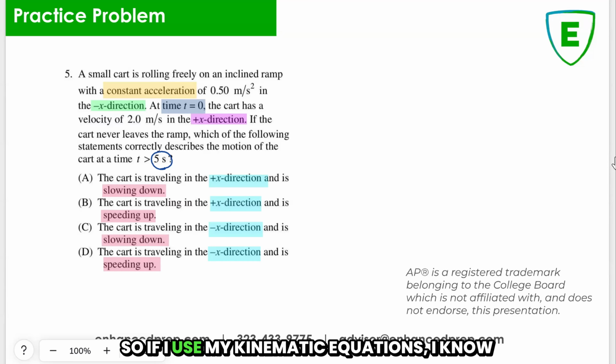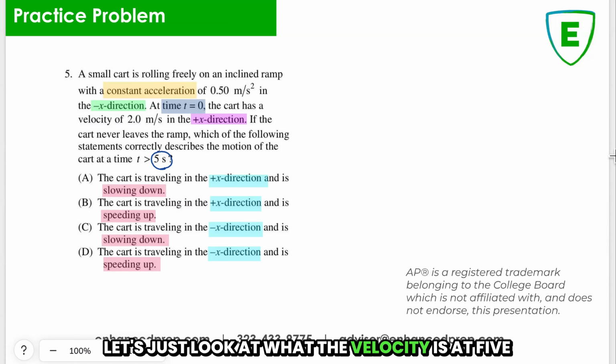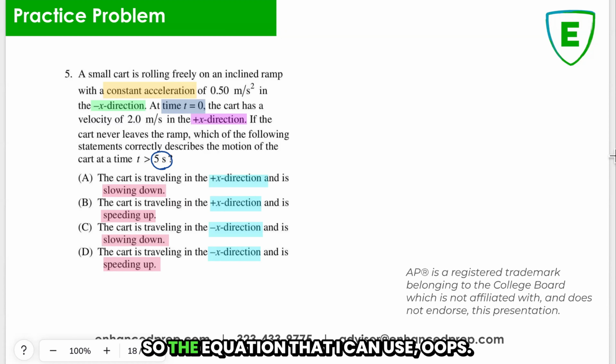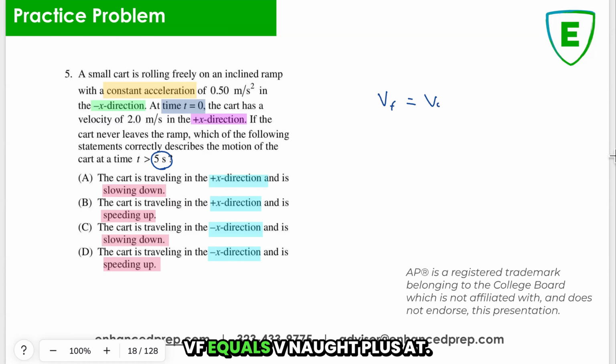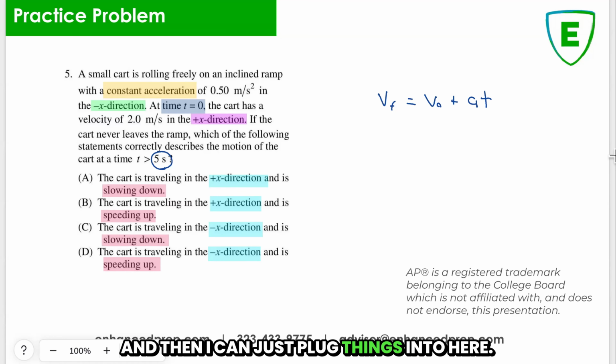If I use my kinematic equations, I know acceleration, I know the initial velocity. Let's just look at what the velocity is at 5 seconds. The equation I can use is VF equals V naught plus AT. And then I can just plug things into here.